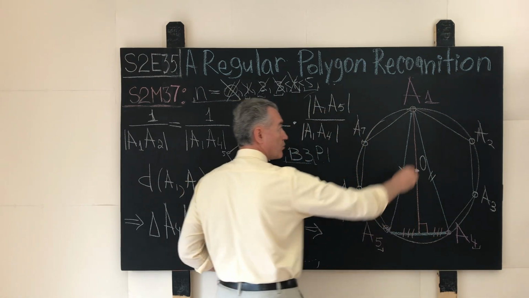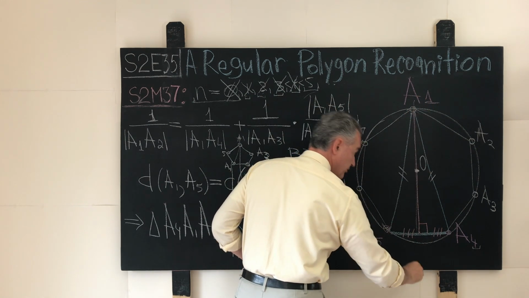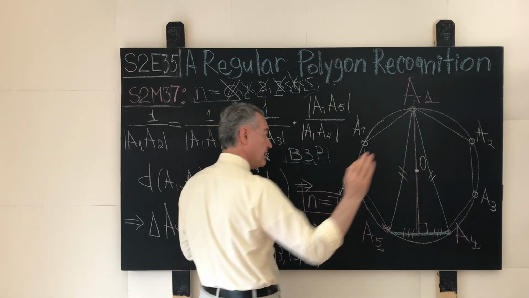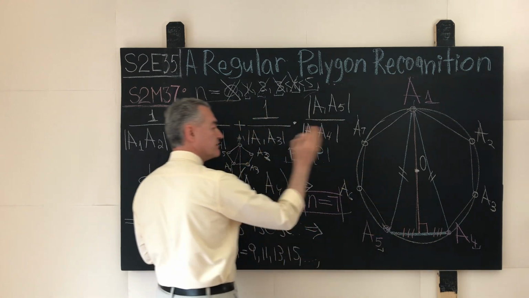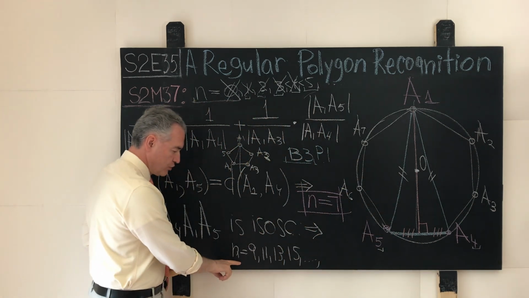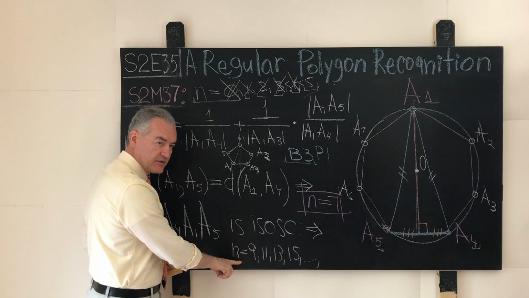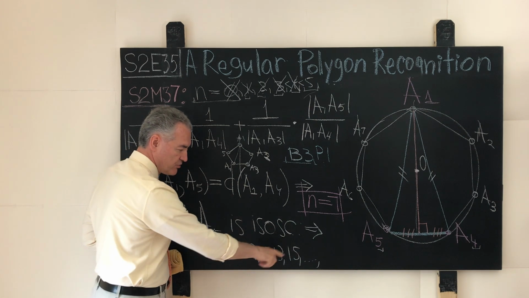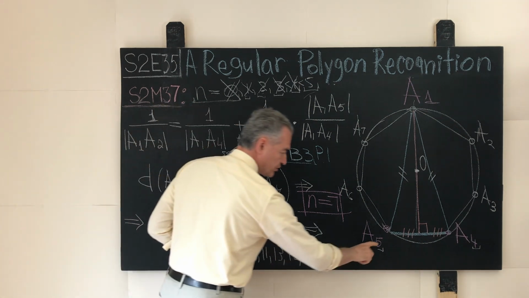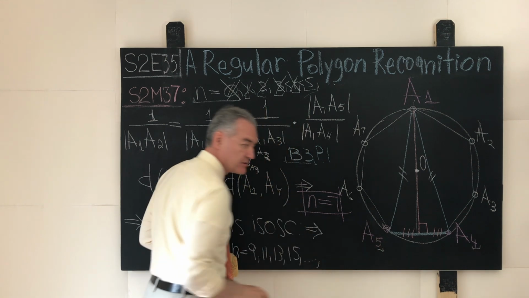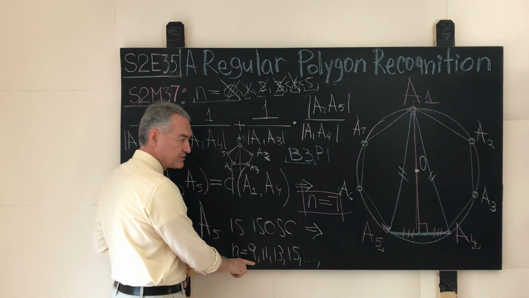So let's say our diameter partitions the parent plane into two halves, let's say the right half plane and the left half plane. So for all n odd and greater than 7, 9, 11, 13, 15, and so on, the vertices of the corresponding regular polygon on that many vertices will be what?